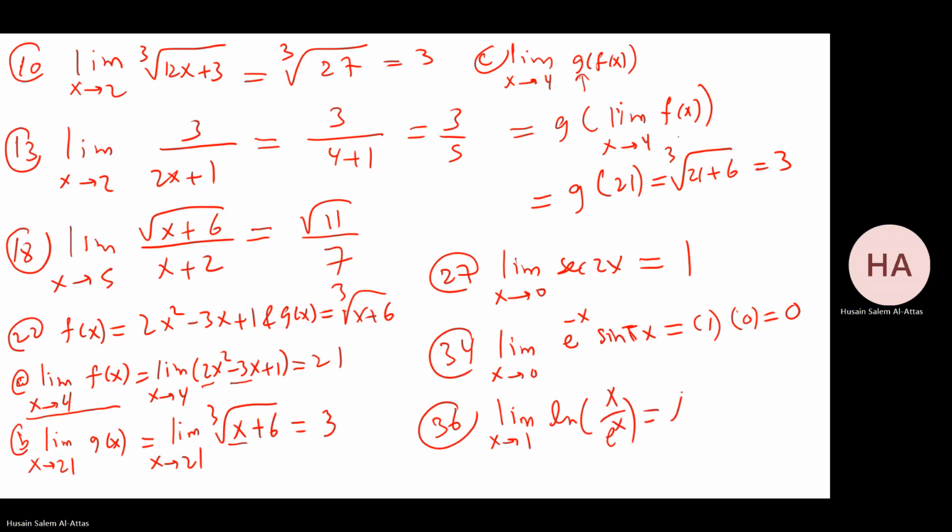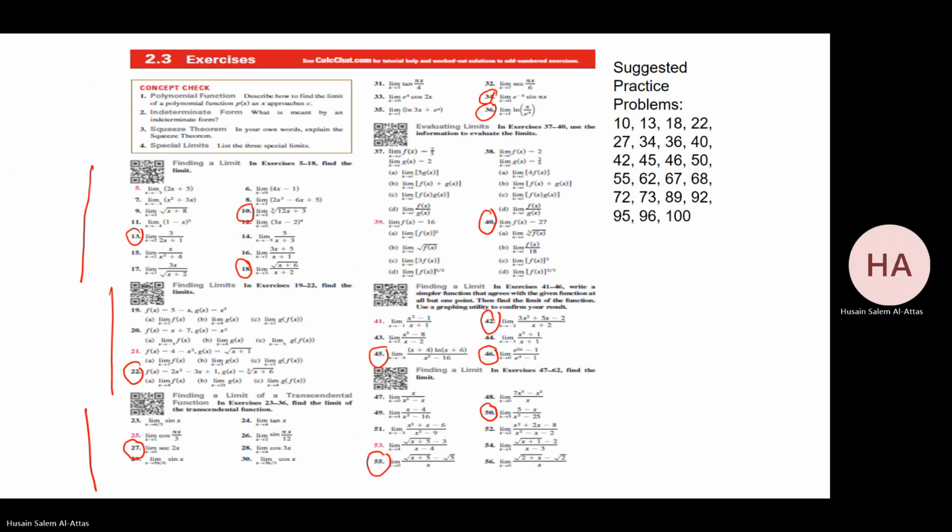And that will be ln of 1 over e. That is ln e to the minus 1, which is minus 1. This is 36.